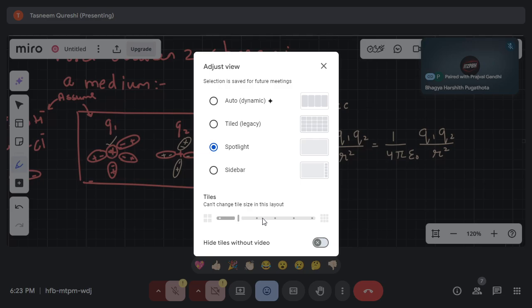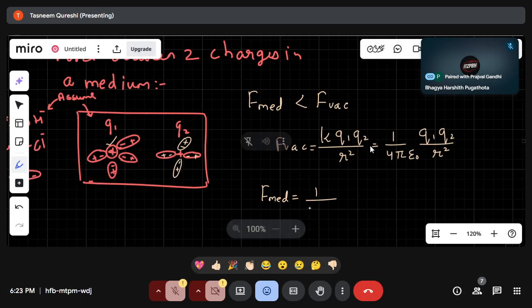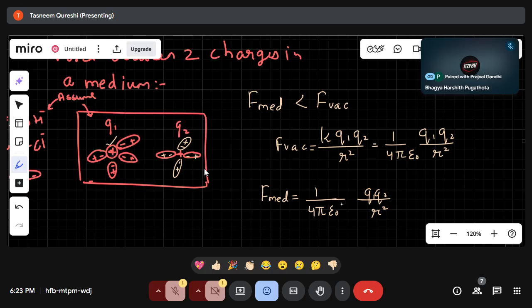Meaning, if I write it like this, force of medium is 1 by 4 pi epsilon 0, then you have q1 q2 by r square, and we are going to divide this with a number capital K. What is capital K?